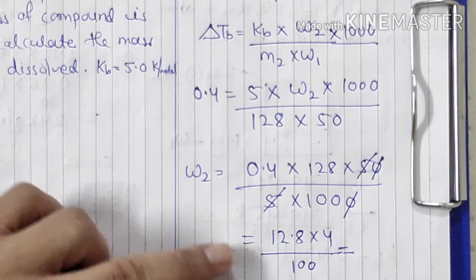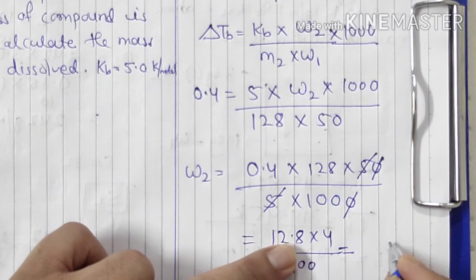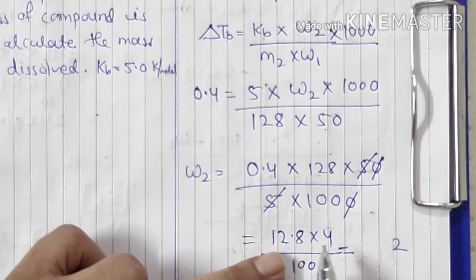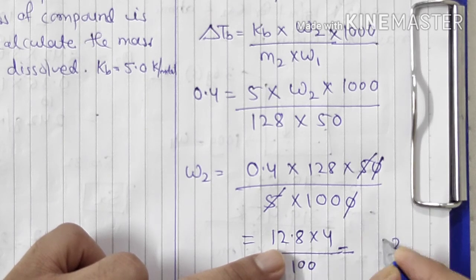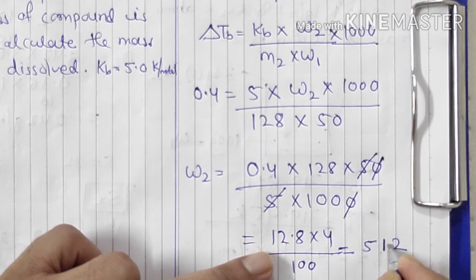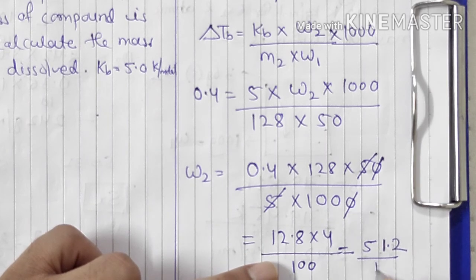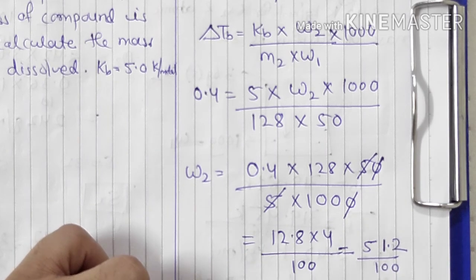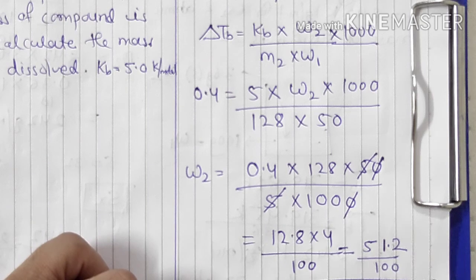So this is going to be 8 4s are 32, 3 carry, 4 2s are 8, 11 carry 1, 4 ones are 4, 5. So it will be 51.2 divided by 100. So it will be 0.512 gram. This is weight of solute which was dissolved.